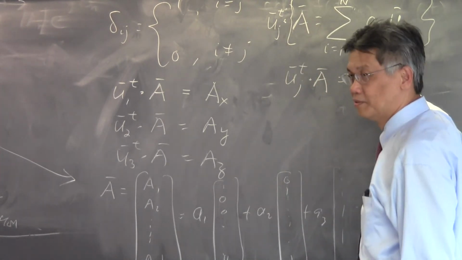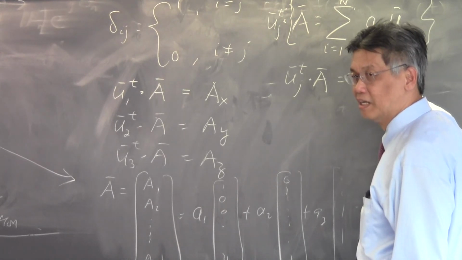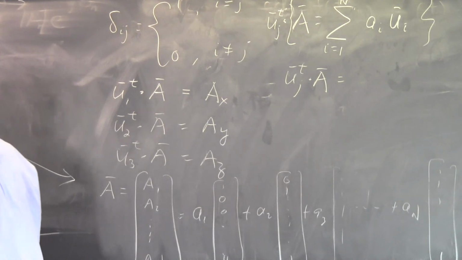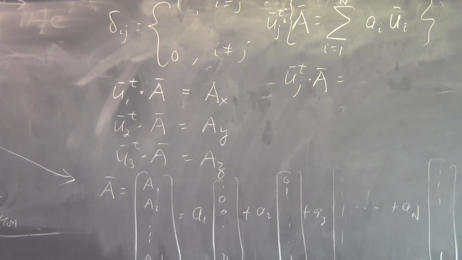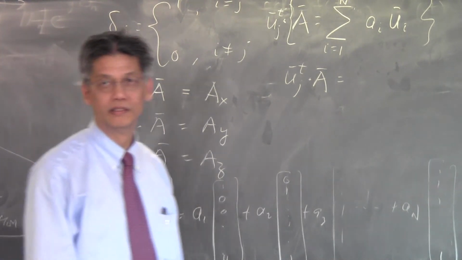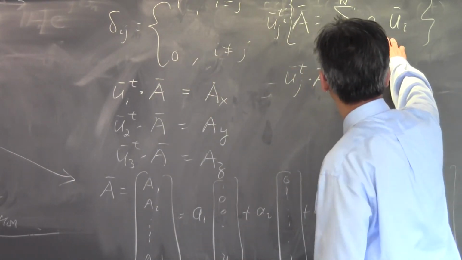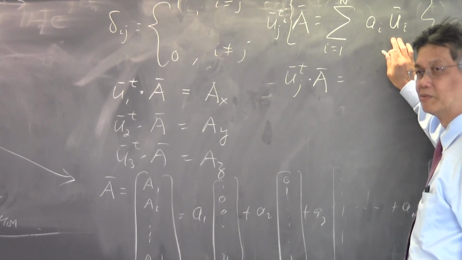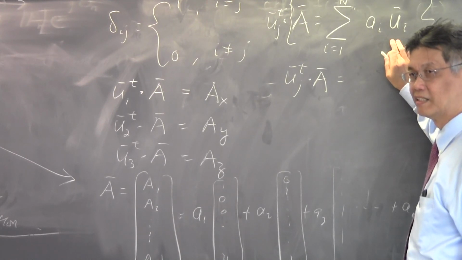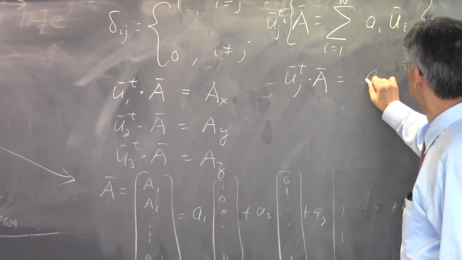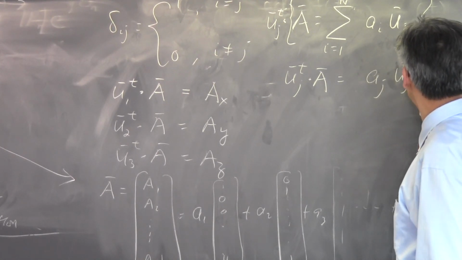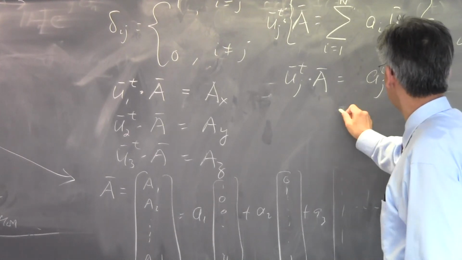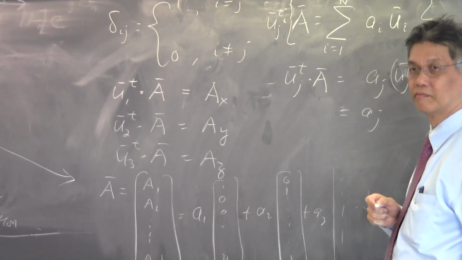Then what happens to the summation? Everything would be 0, because of the orthonormal property. Everything inside the summation would dot to 0, except for one term. Which term remains on the right-hand side? The j term, u_j dot u_j, and this is equal to 1. So I have a_j.